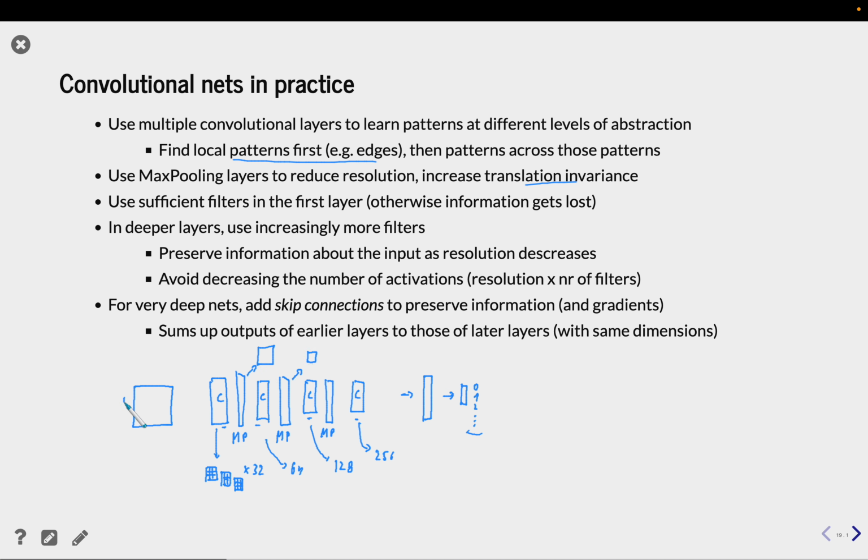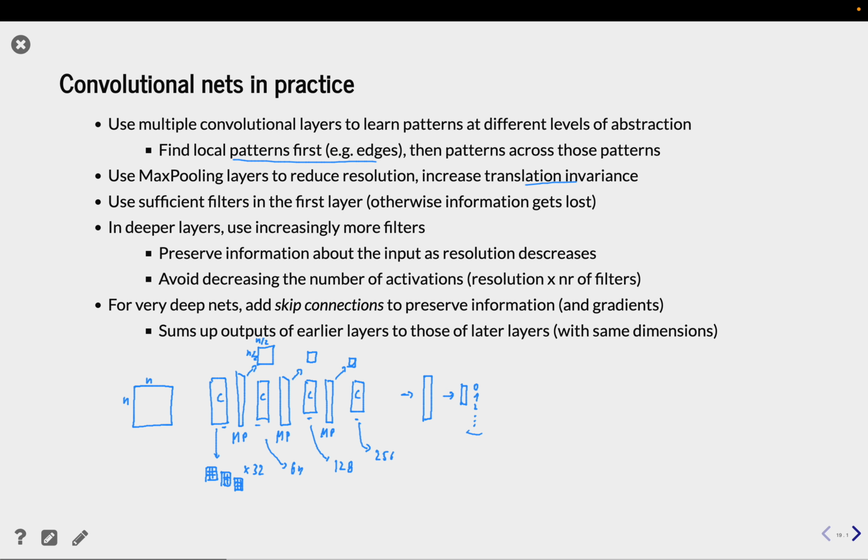If this is an n by n, maybe this is n divided by 2, n divided by 2, and this one will be even smaller, and this one will be even smaller. And so if we're not careful and we're not increasing the number of filters, then we decrease the amount of information that flows through the network.